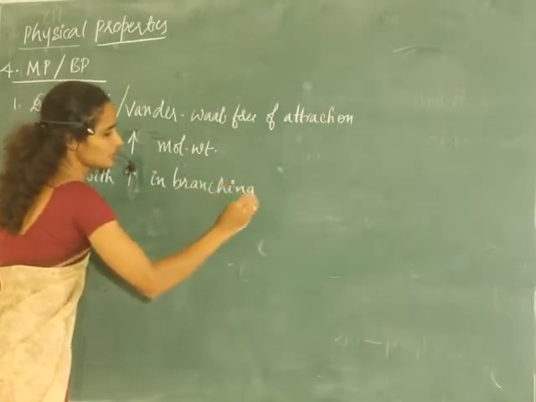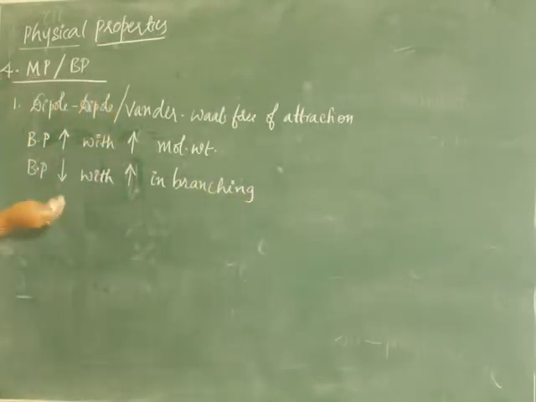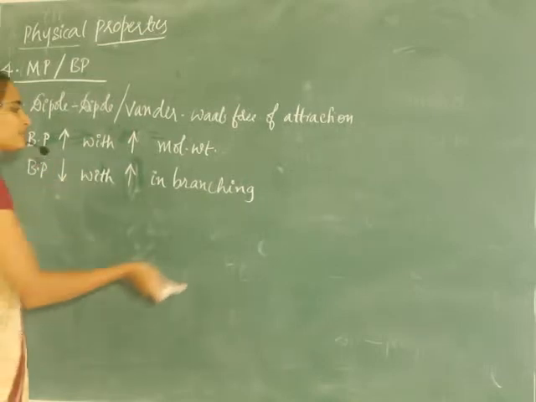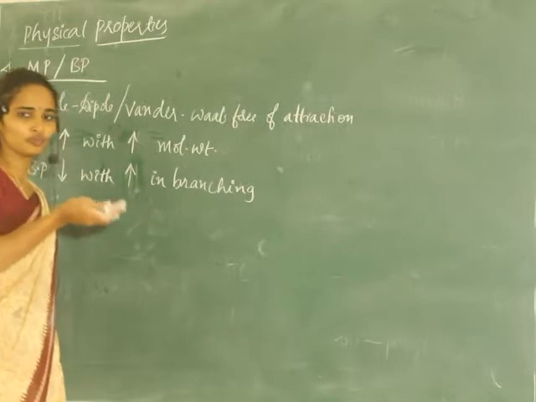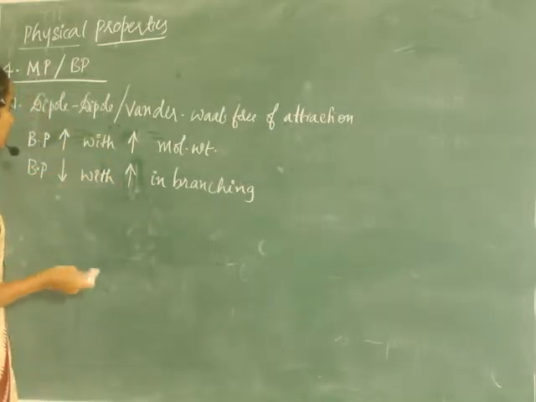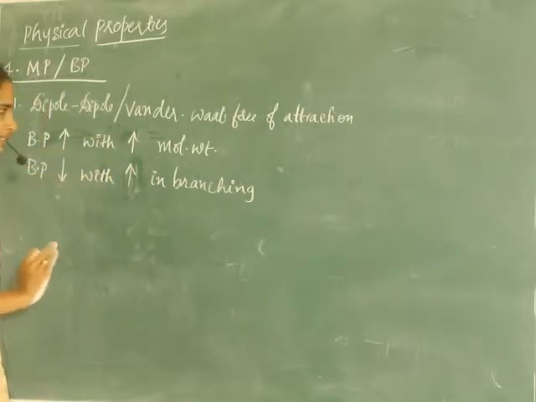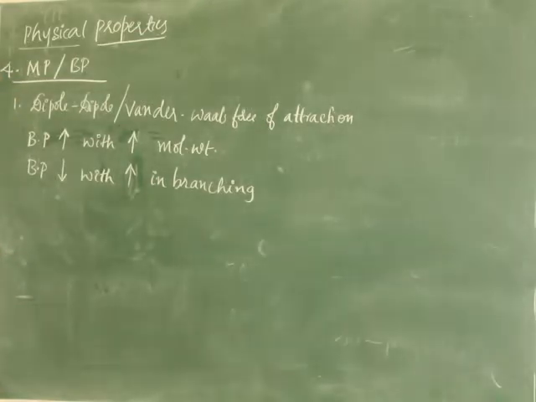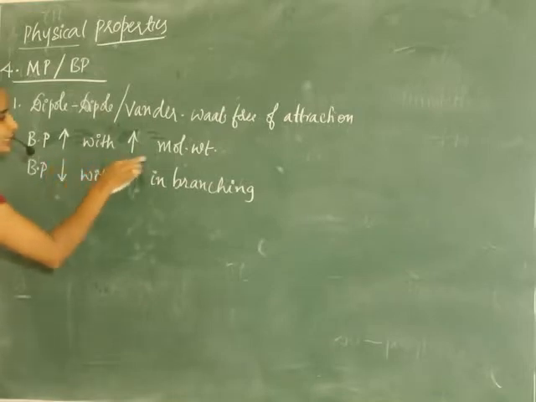In isomers, if you take one straight chain and one branched chain, the branched one has a lower boiling point compared to the straight chain. We'll discuss that. Hence, I'll explain this by taking a few examples. First, boiling point increases with increase in molecular weight. Let us see that.